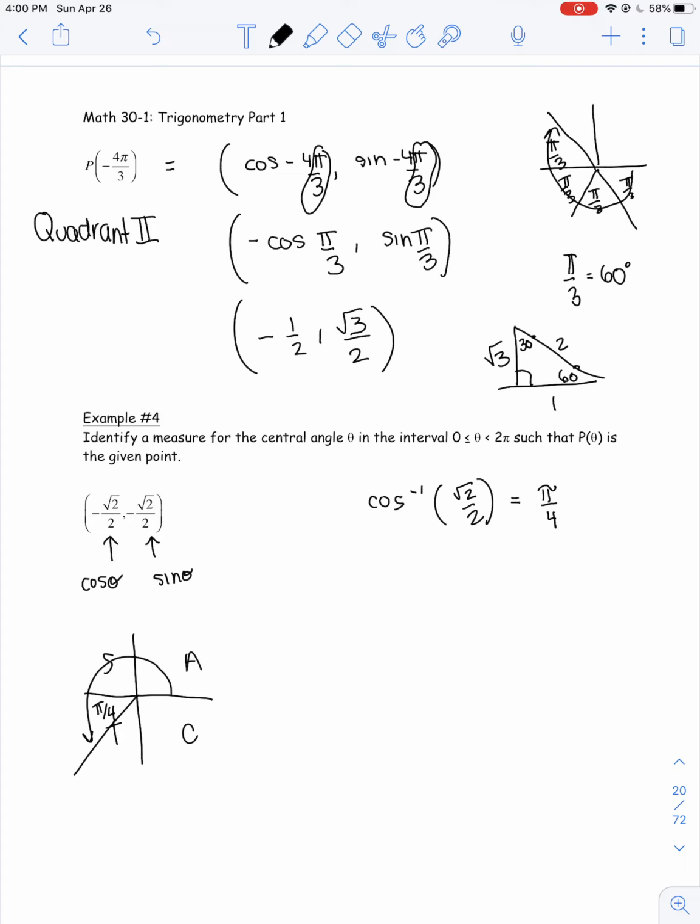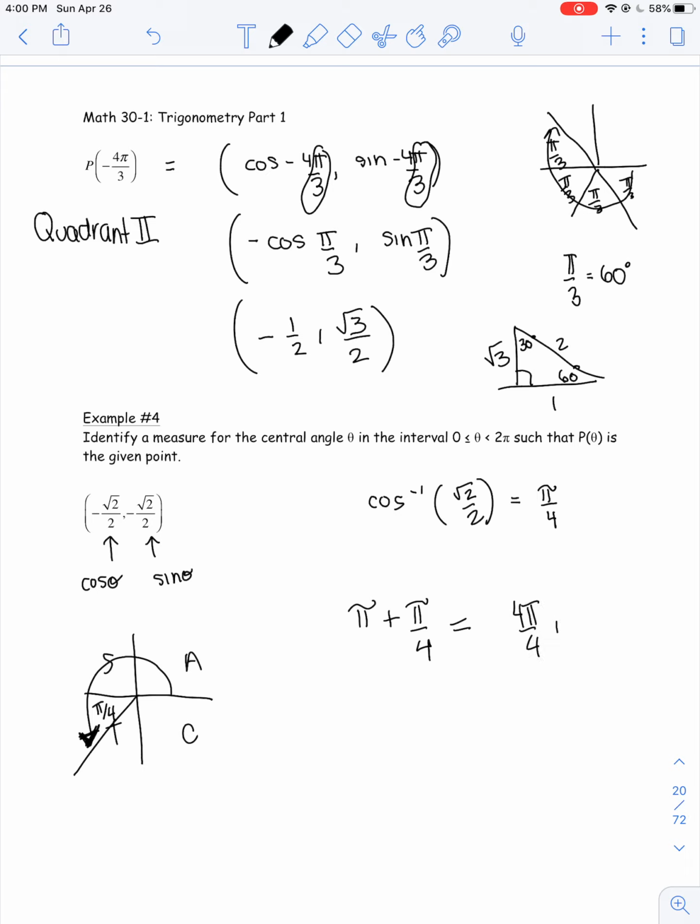A quick way to find that angle is, if we already know the reference angle, we know that 180 degrees is equal to just pi. If you take pi and add pi over 4, that's going to be the rotation going up to that terminal arm.